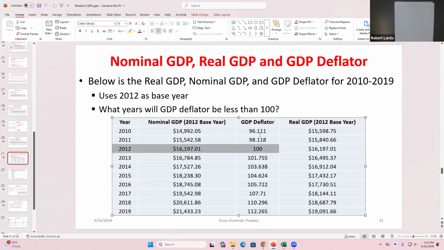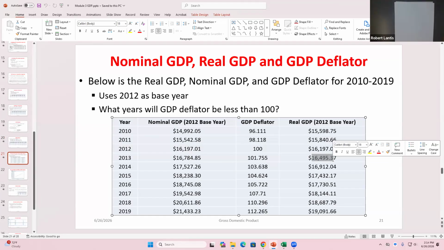Notice that because in practice we typically see inflation across all time periods, when I'm looking at years past my base year, my nominal GDP ends up being greater than my real GDP. So I've got inflation after the base year, and it always ends up being that my nominal GDP is greater than that real GDP.